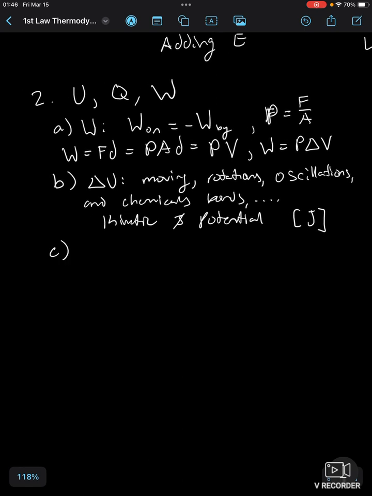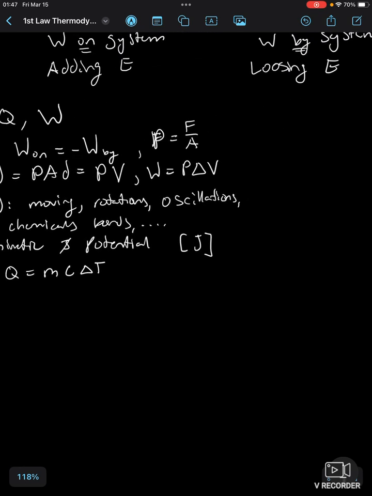And as for the heat of the system, Q is equal to the mass times the specific heat capacity of whatever the material is times the change in T. So heat is kind of like a function of temperature in a way.